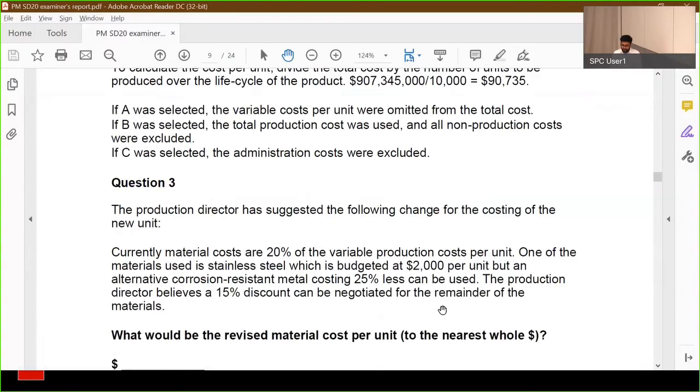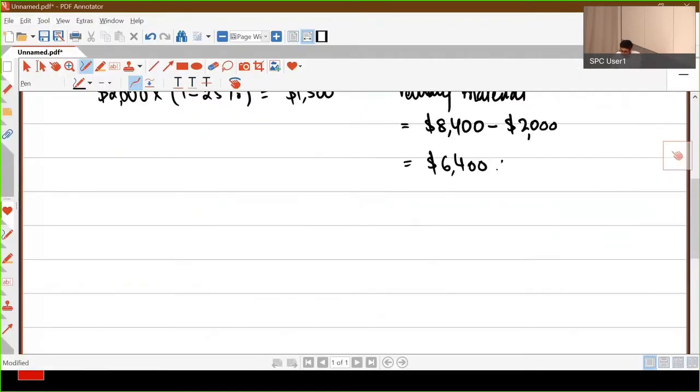And for this 6,400, they are saying that we can negotiate and we'll get a discount of 15%. So this should be reduced by 15%. Again, we are doing it in the same way, taking $6,400 cost and multiplying it with 1 minus 15%, which gives us 5,440.